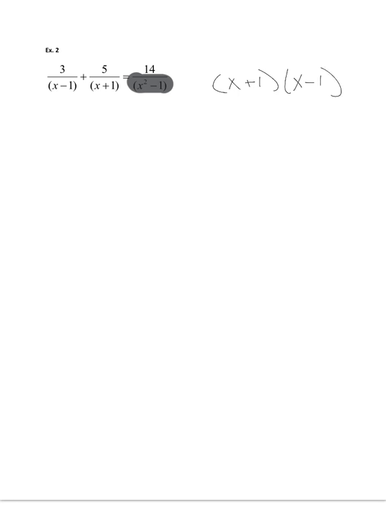And so when we rewrite my equation, it would be 3 over x minus 1 plus 5 over x plus 1 equals 14 over x plus 1 times x minus 1.